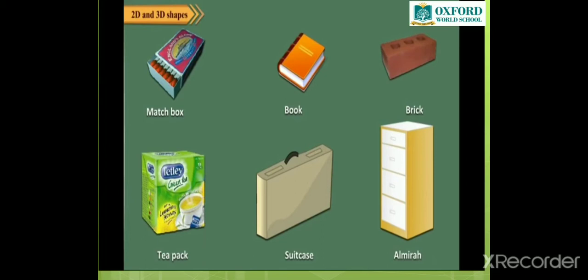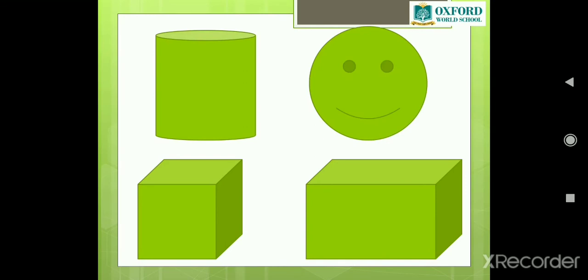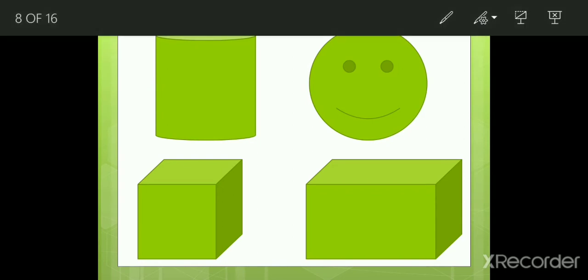The examples of different cuboids are given on the screen. Coming to the properties of 3D shapes, we have different properties for different 3D shapes. Given on the screen are the examples of different 3D shapes. So let us understand the properties of these 3D shapes one by one.